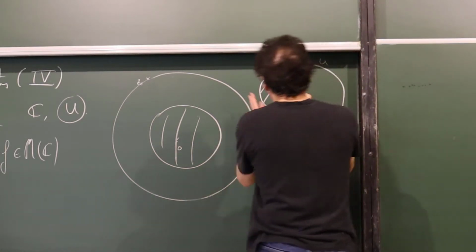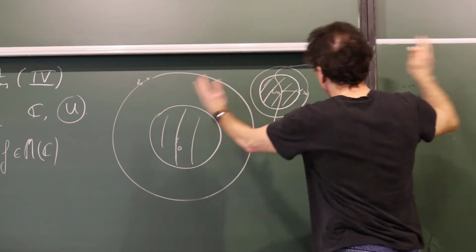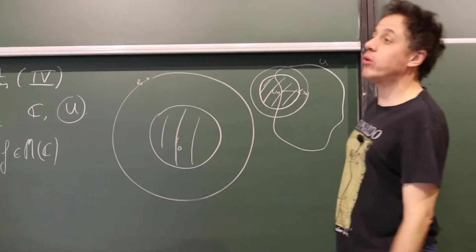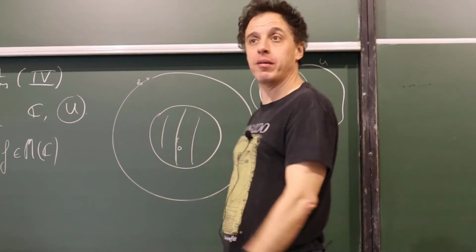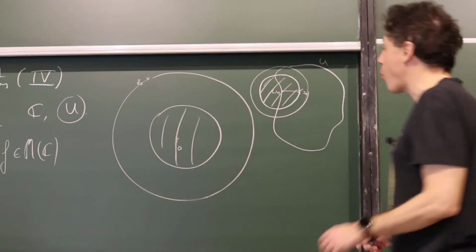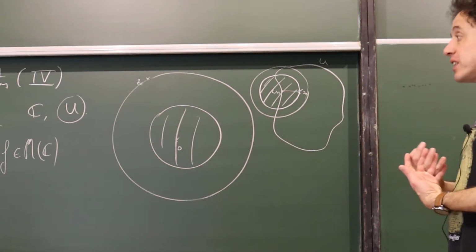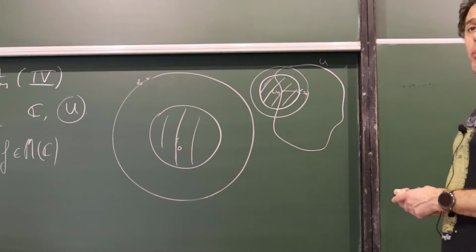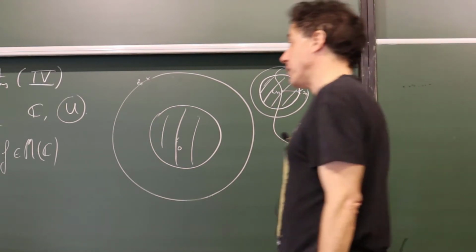So we have to choose some bigger disks, and outside this bigger disk you have uniform convergence, etc. So the rest of the arguments are quite close. But what is important is that the result is still valid in any open set U instead of being C.